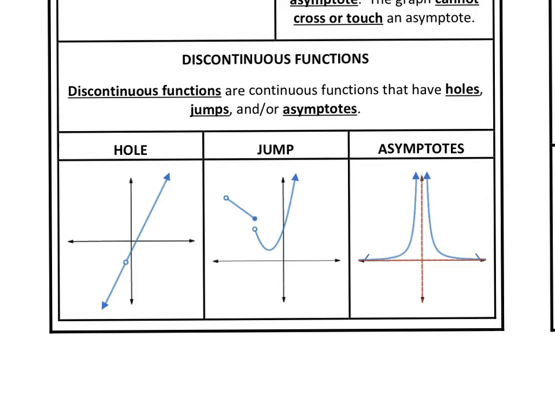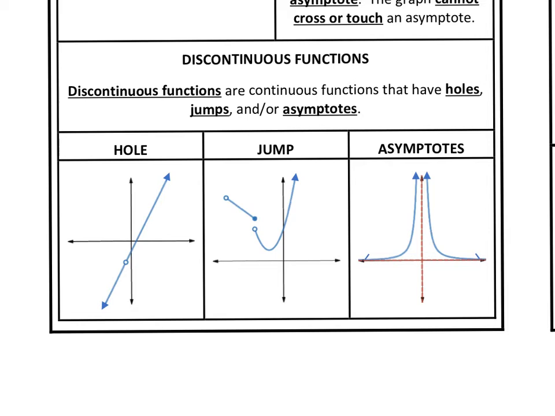And the last category is asymptotes. Here, this graph is discontinuous because there is an asymptote running through it, causing it to break off and split off. And actually there's 2 asymptotes on this one. There's a vertical one and a horizontal one.